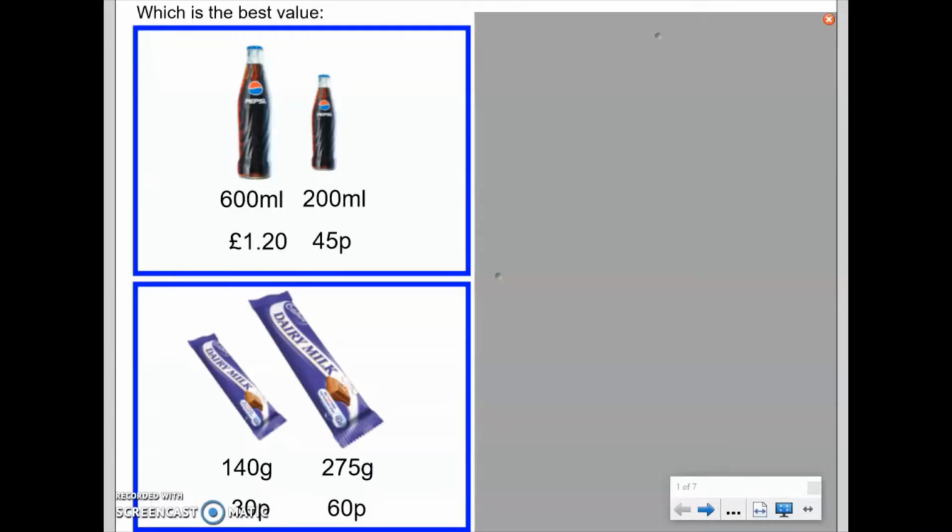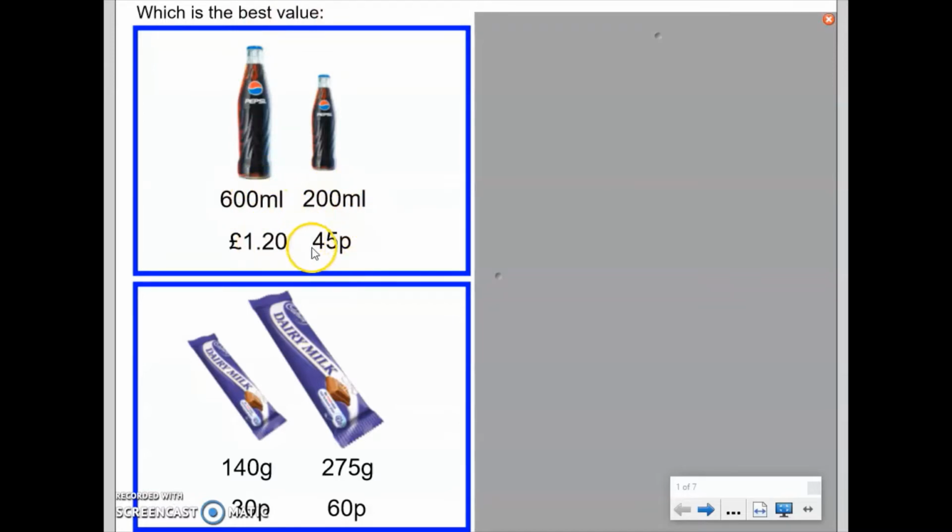So if I have a little look at question 1 here, we have a large bottle of Pepsi and a smaller bottle of Pepsi. The large bottle costs £1.20 and the small bottle costs 45 pence. If we want to determine which is the best value, we need to manipulate something, change something, so that we can do a nice comparison.